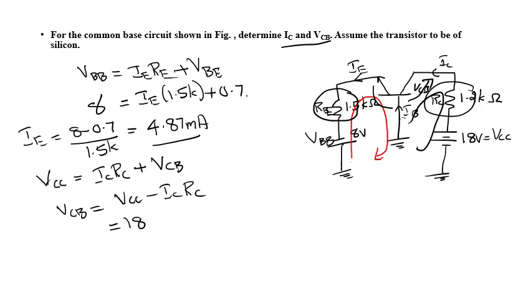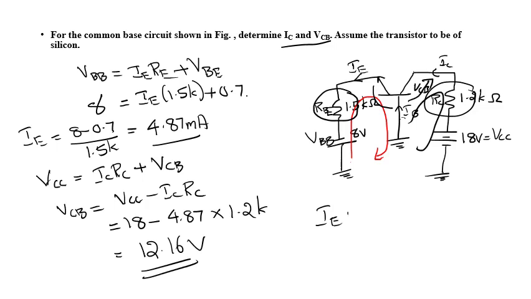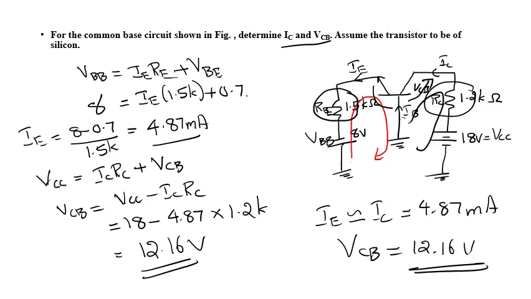VCC equal to 18 and IC is equal to 4.87. We will assume that IC equal to IE because it is almost equal. Into 1.2K, on calculating you will get this value is equal to 12.16 volt. So IE is approximately equal to IC, that is equal to 4.87 milliampere, and VCB is equal to 12.16 volt is the value of IC and VCB.